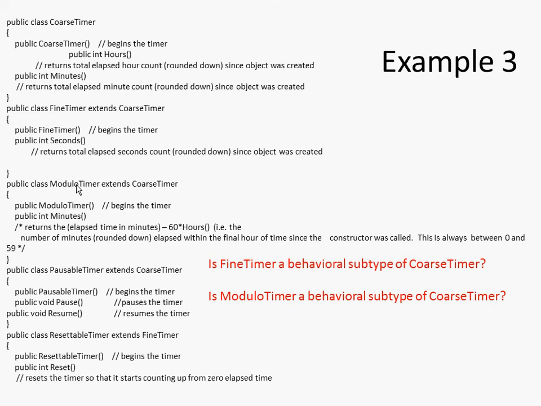Okay? Is that a legitimate subtype of course timer? If you pass one of these modulo timers in as if it's a course timer, could you be rudely surprised? Give me an instance where you can be rudely surprised. What could happen?